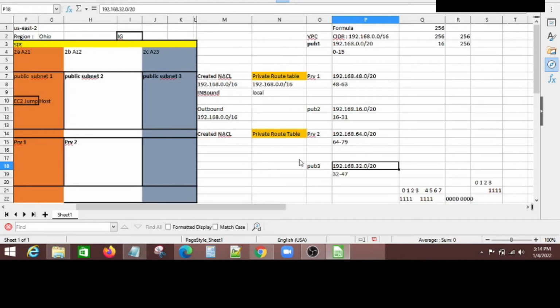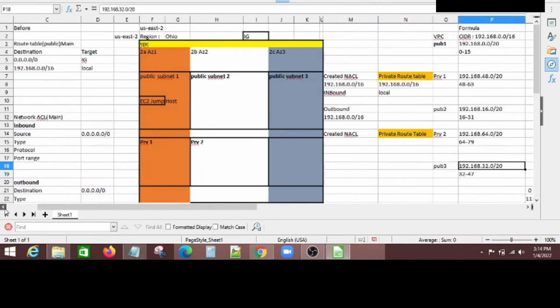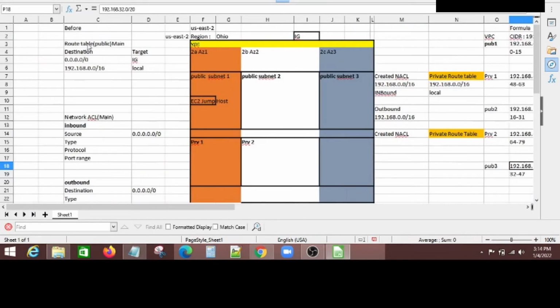And for all these subnets, a route table was assigned. The route table is where the destination is given: if you want to send traffic, where do you want the traffic to go?